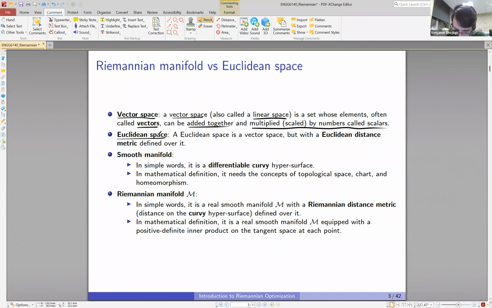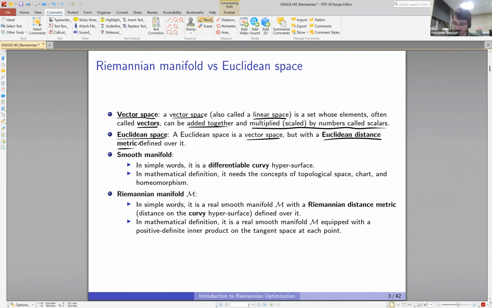Euclidean space is a vector space, but with the Euclidean distance metric defined over it. It means that when you have 2 points in this vector space, every point can be represented as a vector. Why? Because every point can be seen as a vector connecting the origin to that point. Then you can say, okay, I can calculate the Euclidean distance between 2 points or equivalently between 2 vectors, right?